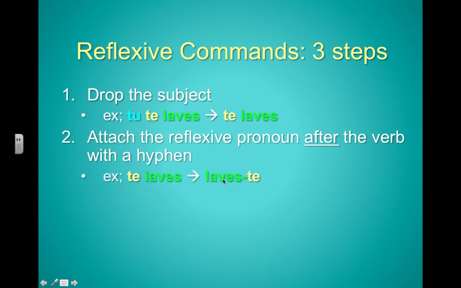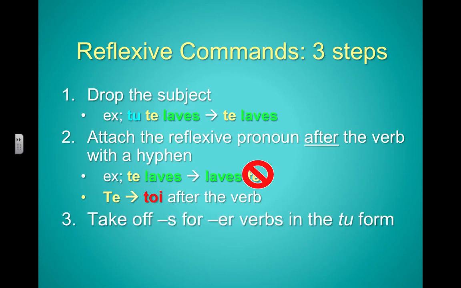So te lave becomes lave-te, but we don't even really like that te, so the te, bye, see, au revoir. That te changes to toi after the verb. And we also have to take off that S for the ER verbs, just like we would in a normal command. So my command becomes lave-toi.